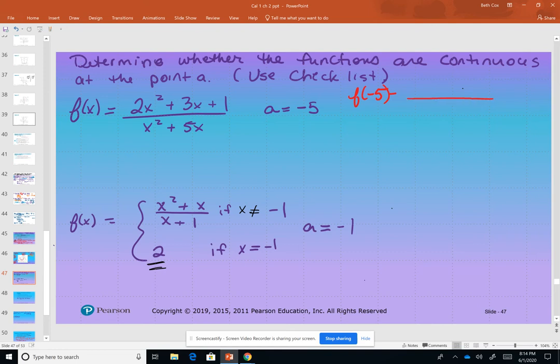Look at my denominator. If I have negative 5 squared plus 5 times negative 5, I get 0. So it's not defined at x equals negative 5. So it's not continuous.